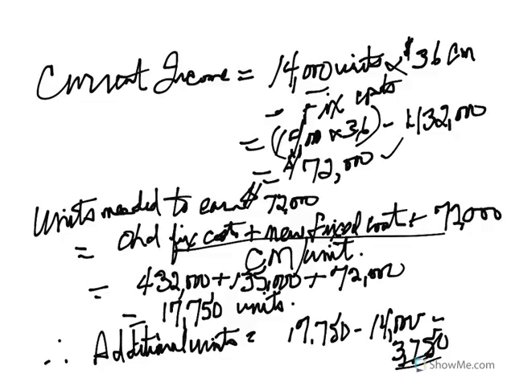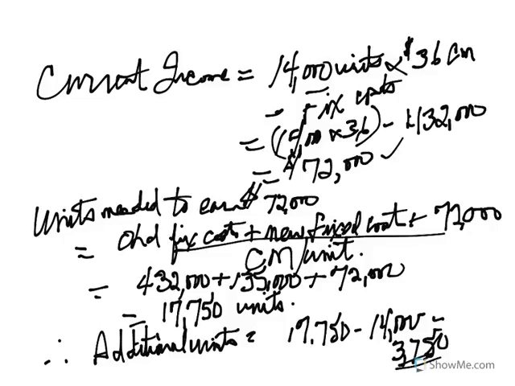Now they want to know, if I put another 135,000 into advertising, now you have to ask yourself, what kind of cost is advertising? That's a fixed cost. So the contribution margin remains the same because there's no change in the variable cost or the selling price. The only change is the fixed cost. And they want to know, how many units do they have to sell to cover the new fixed cost as well as the old one and give me 72,000?